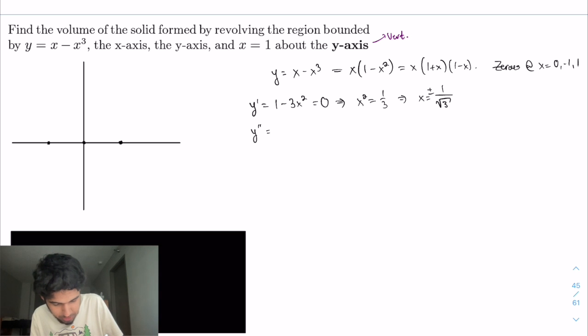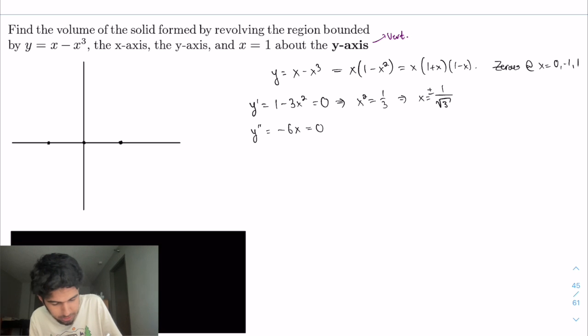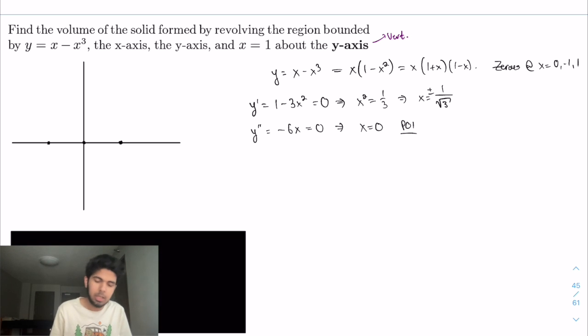That's going to be equal to minus 6x. Then we know where the concavity changes by setting this equal to 0. So this gives us x equals 0 as our point of inflection.